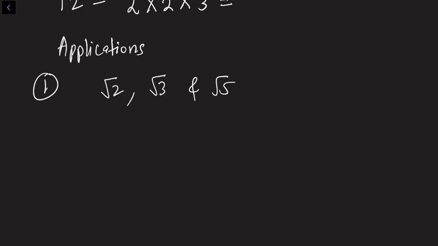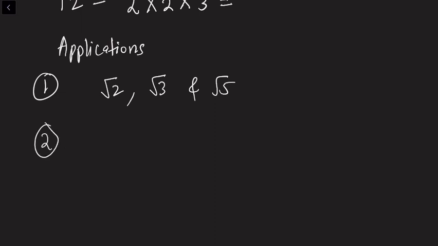You must have learned this in your lower classes. These are irrational numbers, and we will be proving these numbers irrational by using the fundamental theorem of arithmetic. That is one application.